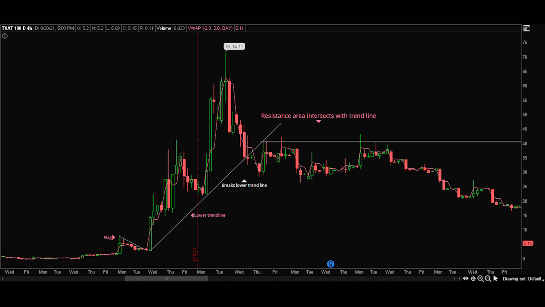So you put your horizontal resistance right above that wick where you drew your diagonal. Okay. That's a great one that I would personally pick: my diagonal resistance meeting my horizontal resistance. Hell yeah, that is more than plenty for me to know where the resistance is.